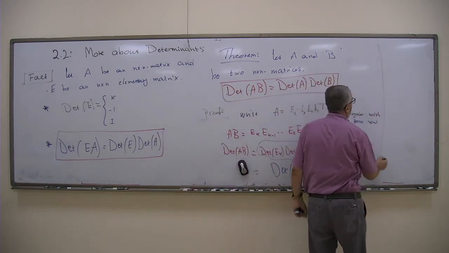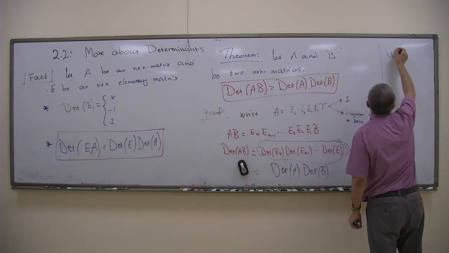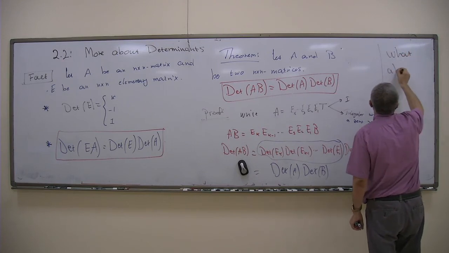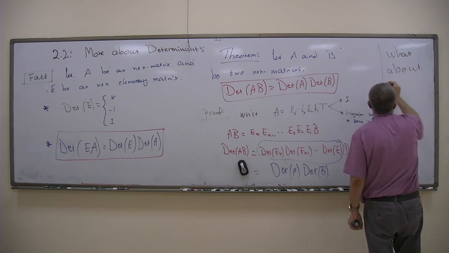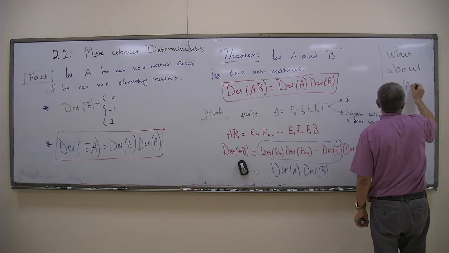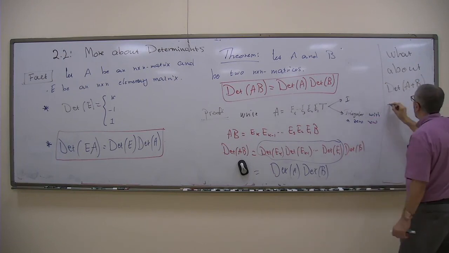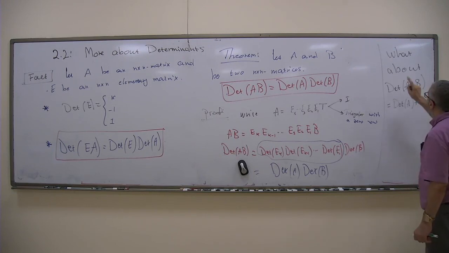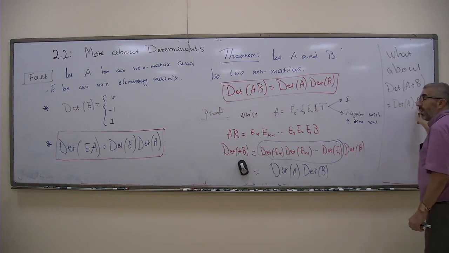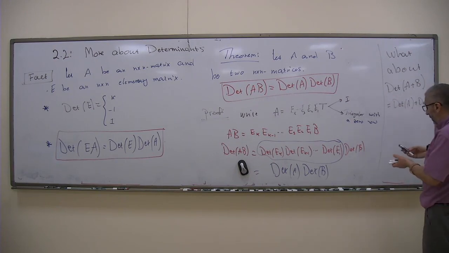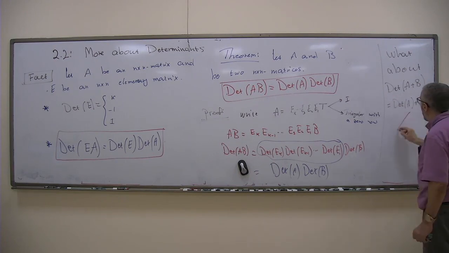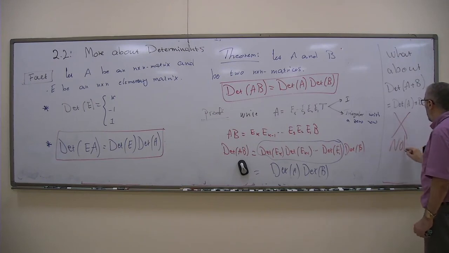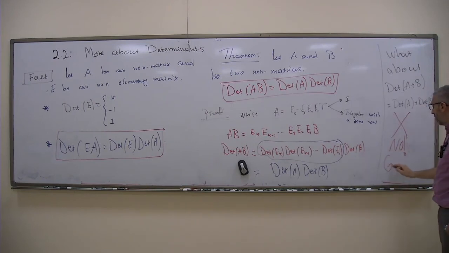What about this? Is the determinant of A plus B the same as the determinant of A plus the determinant of B? Is the determinant of the sum going to be the sum of the determinants? No. Give an example.